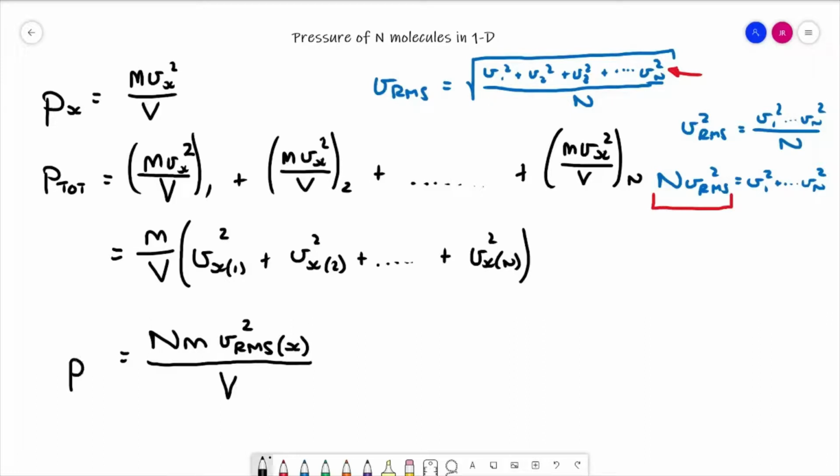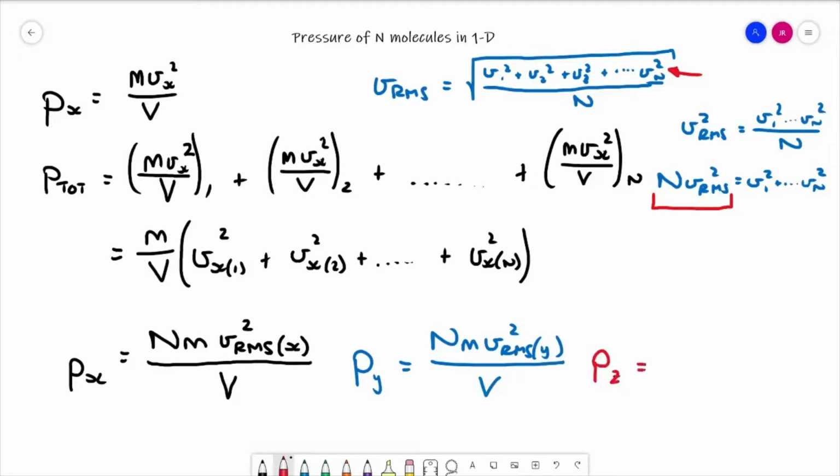So while this is the pressure in the x direction, the pressure in the y direction will just be n m VRMS squared in the y dimension over V, and of course in the z direction we've got n m VRMS squared in the z direction over V.